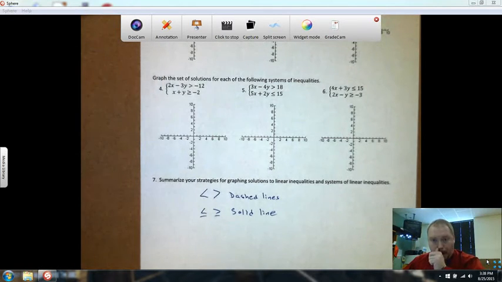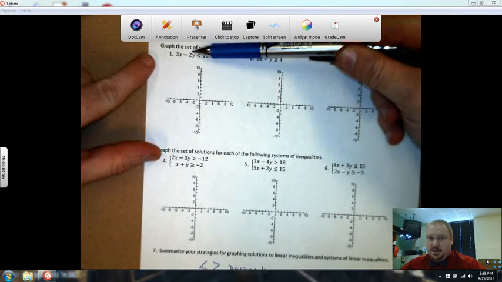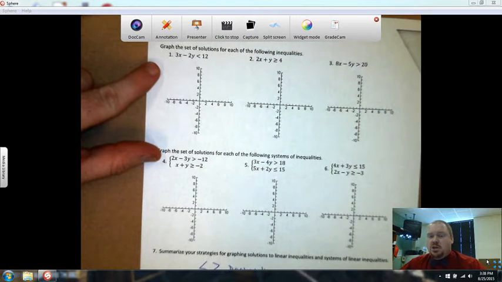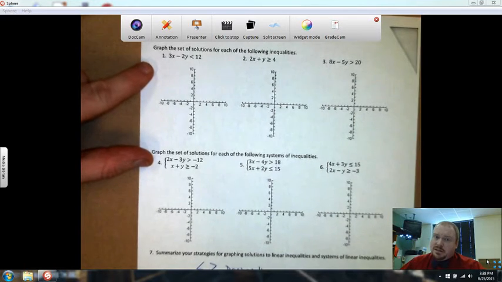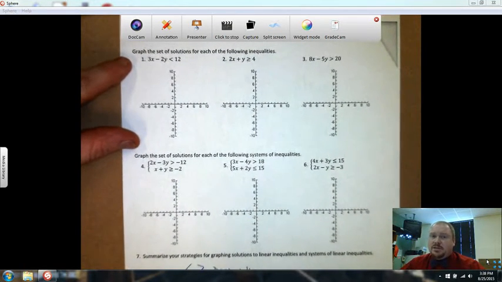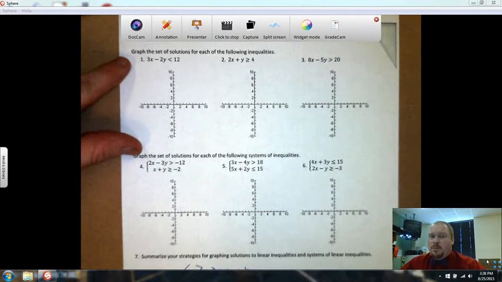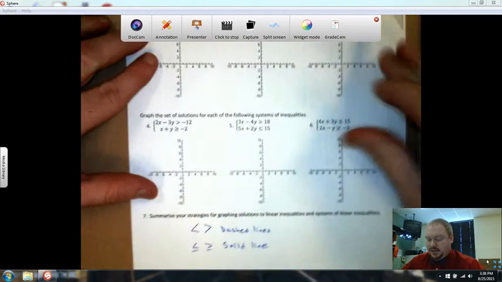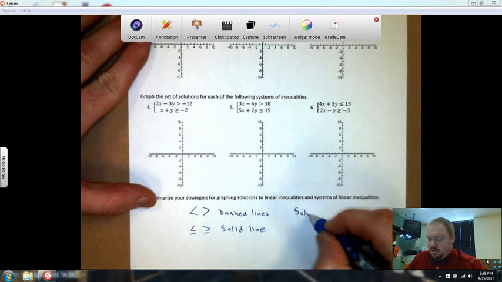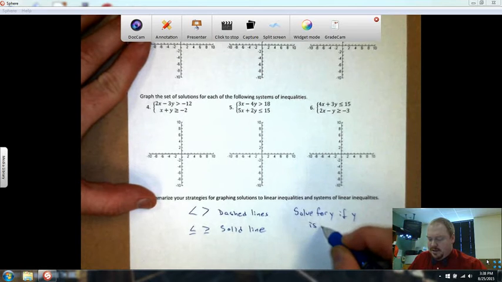Here's something else that we must remember. If there is a minus sign in the inequality, you cannot use the cover-up method. Well, you can, but it is very difficult to come up with the correct answer consistently. So I always suggest that people solve for y if y is negative.